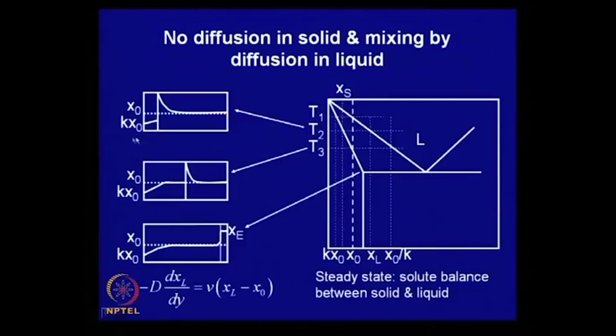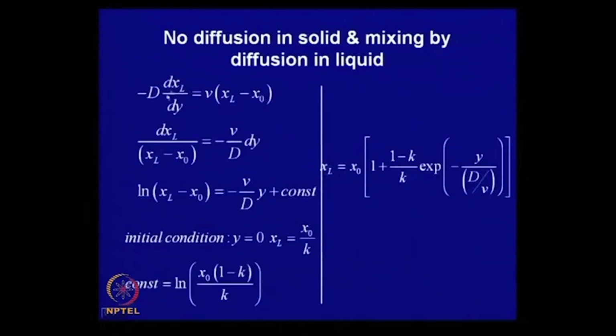This distance direction we represent by y, and d is the diffusivity in liquid. This is the equation which describes the solute balance between solid and liquid at this interface.